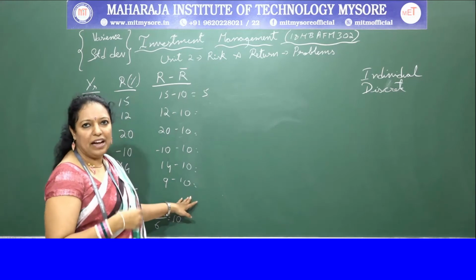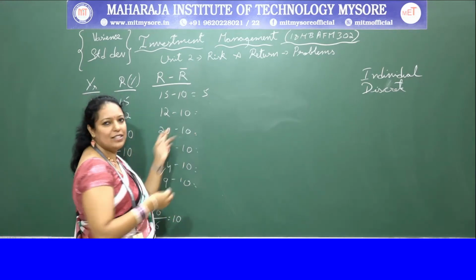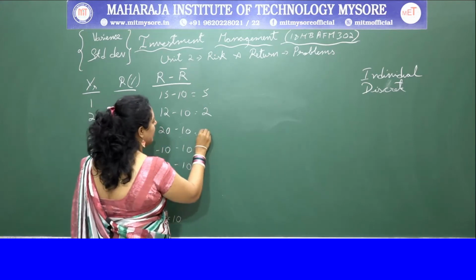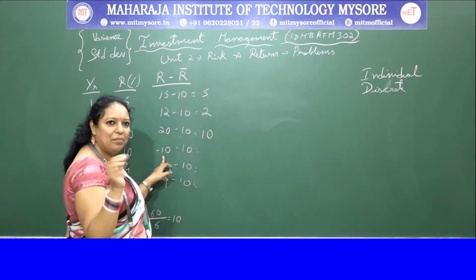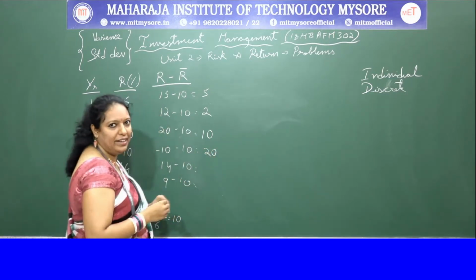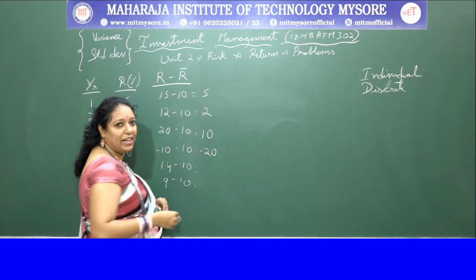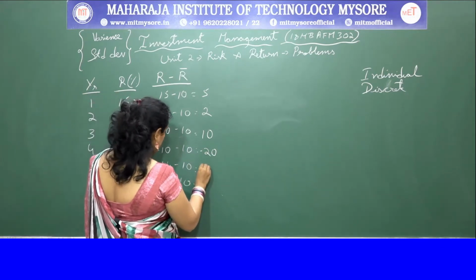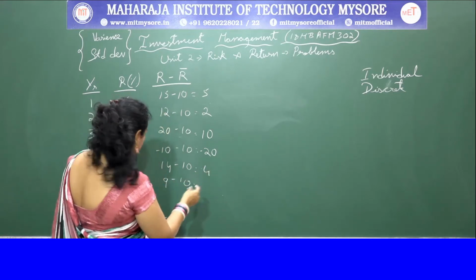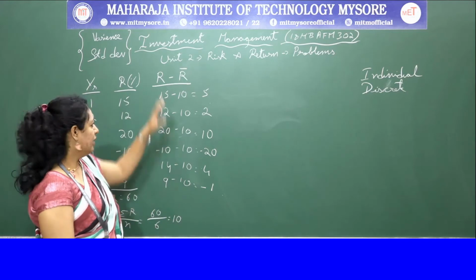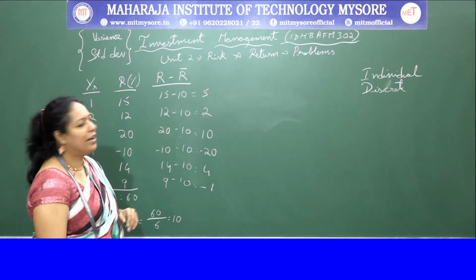Each one you have to just deduct: 12 minus 10, 2. Then 20 minus 10, 10. Then minus 10 minus 10 gives minus 20. Then 4. Then 9 minus 10 is minus 1. This is R minus R bar.